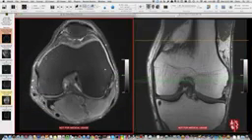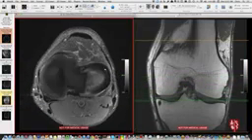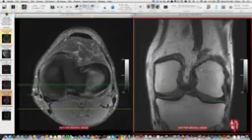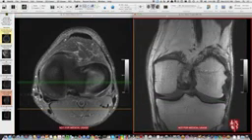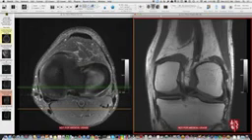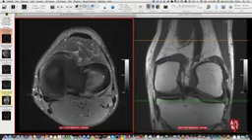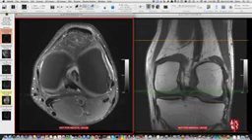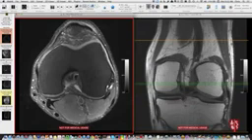Fibular collateral ligament, you can also troubleshoot on the axials, and I think this is probably one of the trickiest ligaments to see, often, if you're learning in training. Remember that cameo sign. So here's the fibular collateral ligament, and it's coming down like so and heading posteriorly. In the axials, you should be able to identify it as a round, ovoid cord of low signal, coming right up to the femur here.